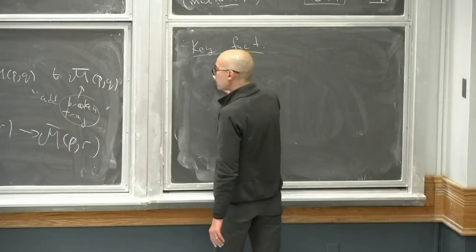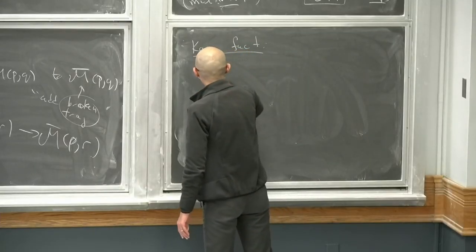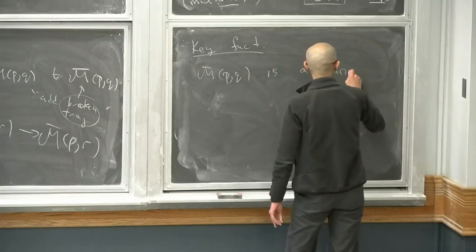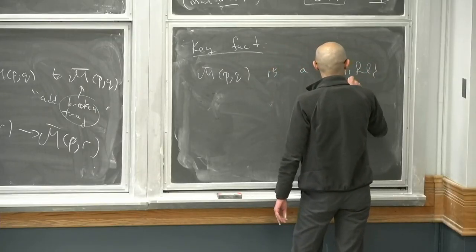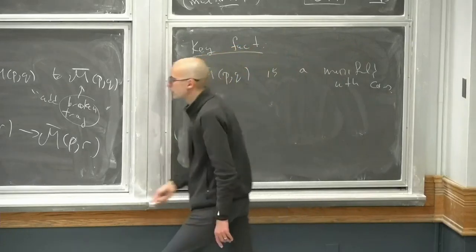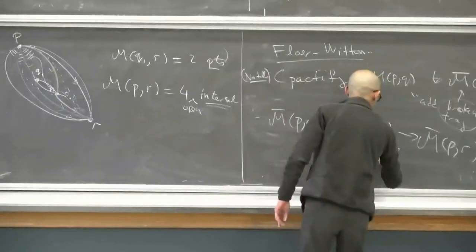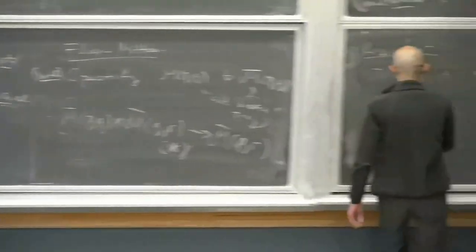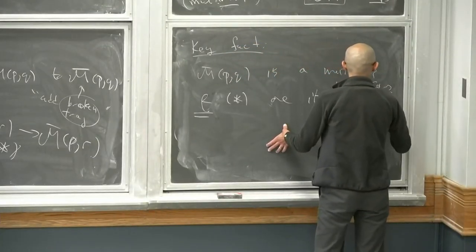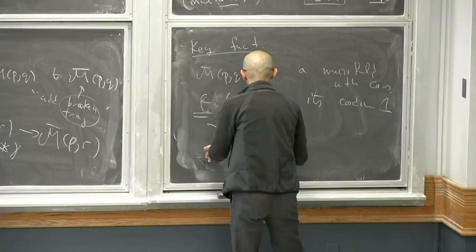So key fact. Okay. So M bar PQ is a manifold with corners. And these maps here, I apologize, are its codimension 1 boundary strata.